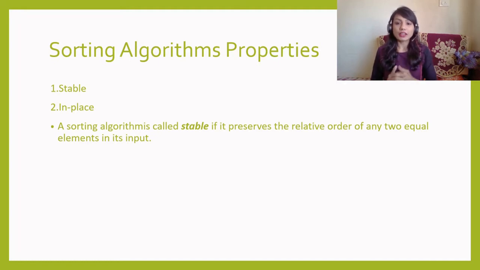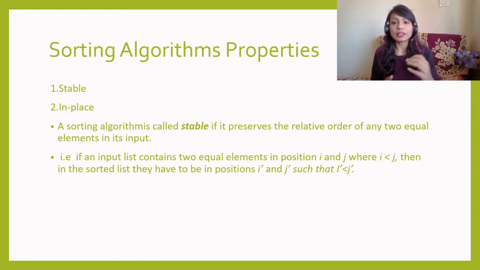That is, if an input list contains two equal elements in positions i and j, where i is less than j, then in the sorted list they have to be in positions i' and j', such that i' is less than j'.